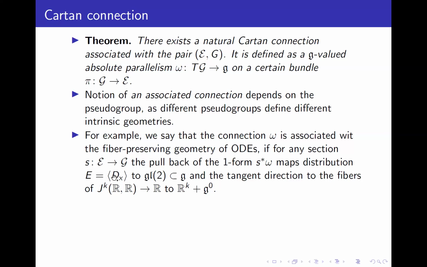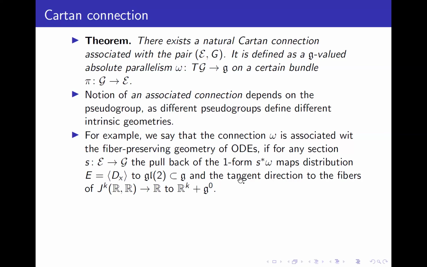And on the equation we have a line that is tangent to our solutions. We want the pullback of omega to map this line into something that sits inside GL2, not in all of G, but specifically into the GL2 part of G.